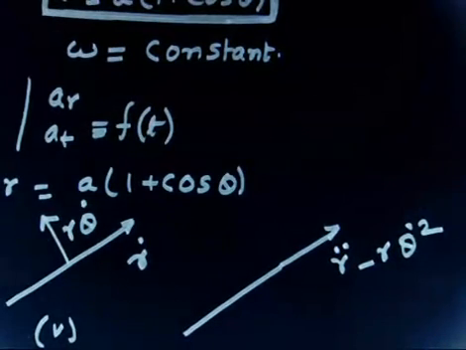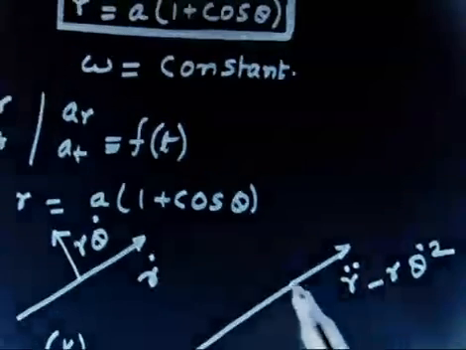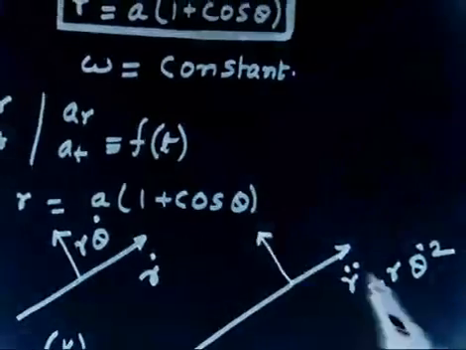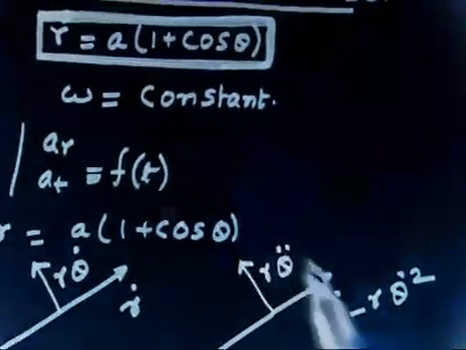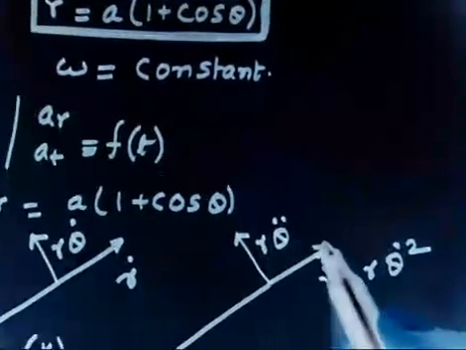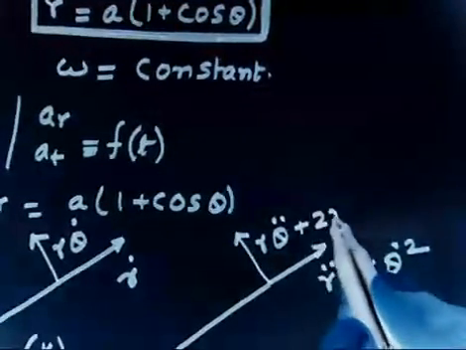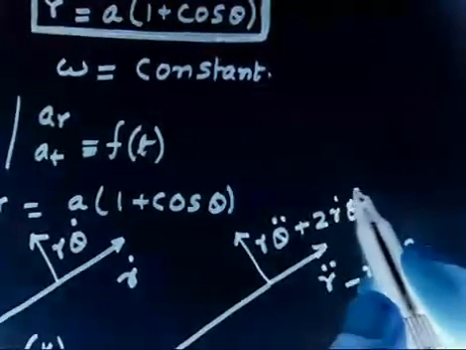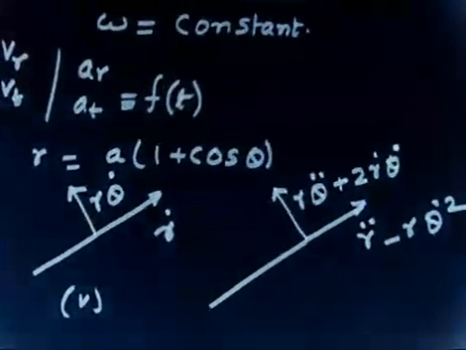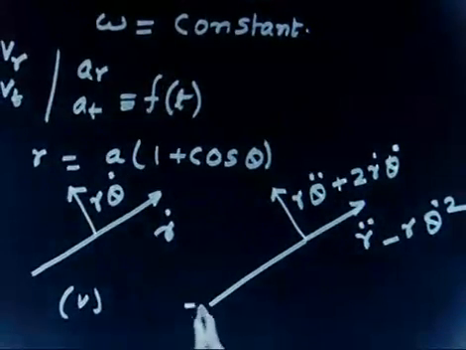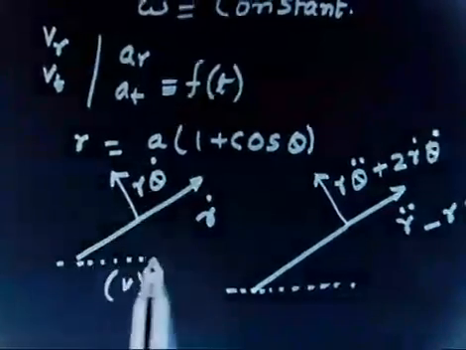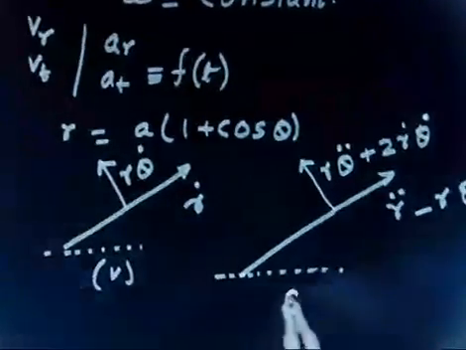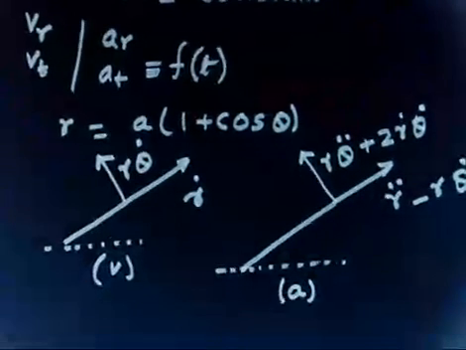Tangential component of acceleration is given by r theta double dot plus 2 r dot theta dot. So this we have derived in the class. This diagram is for velocity and this diagram is for acceleration.